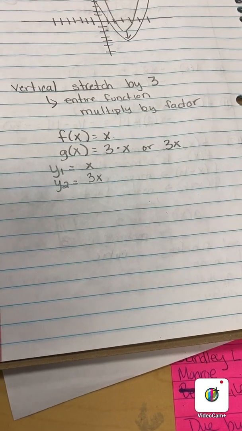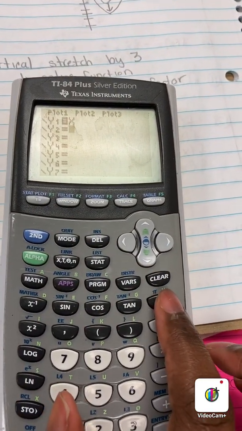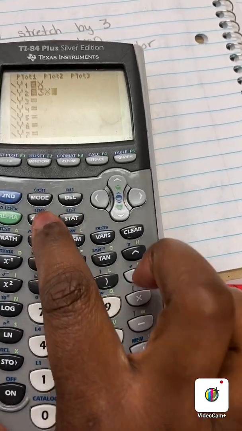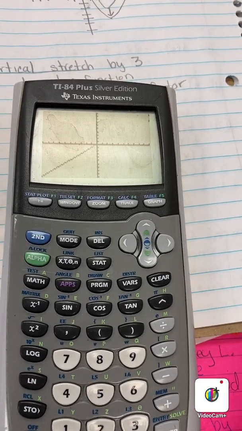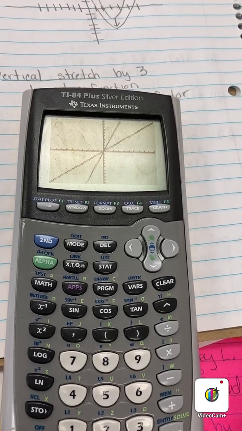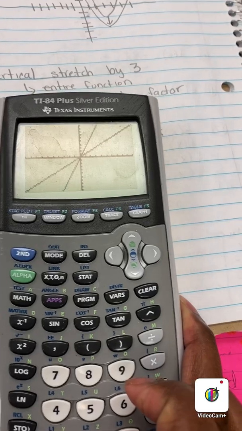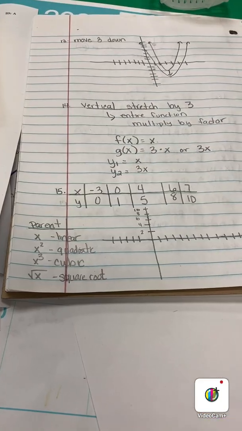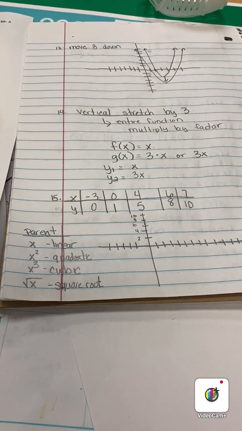So I guess I will graph it for you. In y1, I have x. In y2, I have 3x. When I graph, that's my original function. And then the second graph is my transformation. So we can see that the line becomes much more steep. So that's 14.